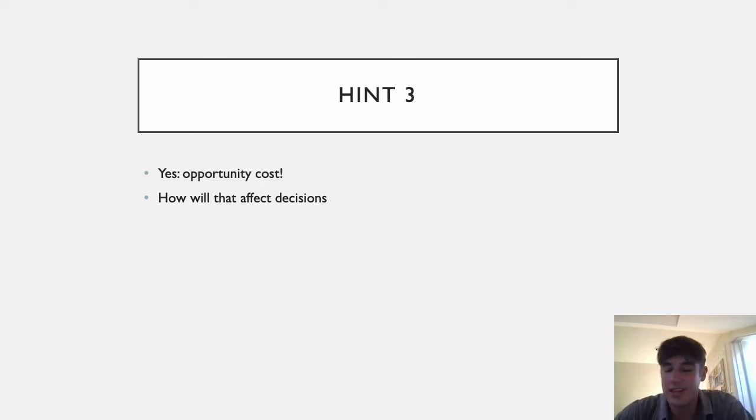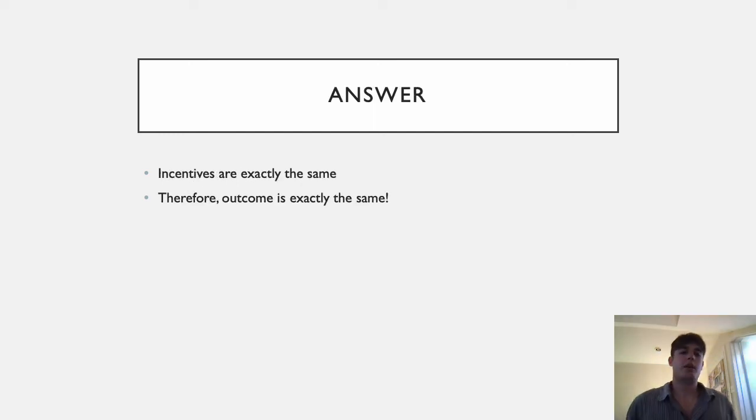It's an opportunity cost, right? If you're using these allowances to produce, then you're not selling them, because that's the key to realise: if you're not using them, then you can sell them. How's that going to affect decisions? And my answer is the incentives are the exact same, right?